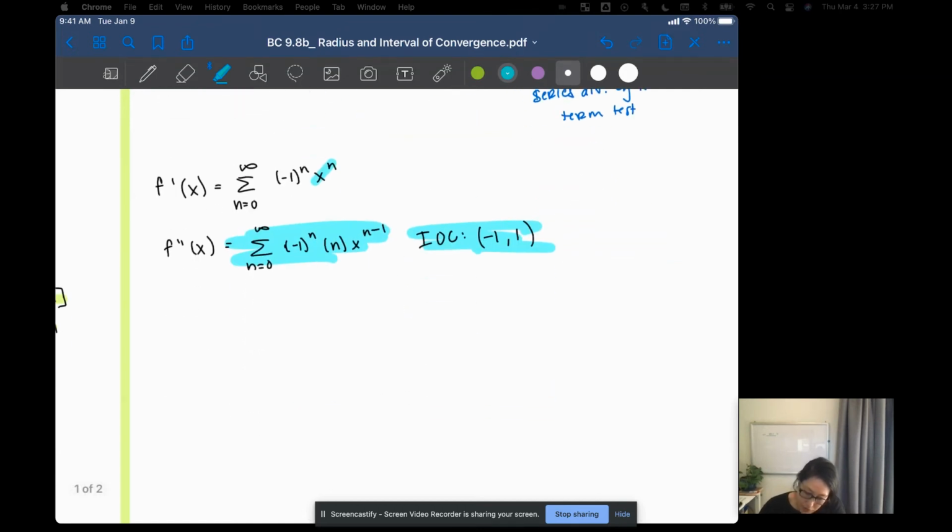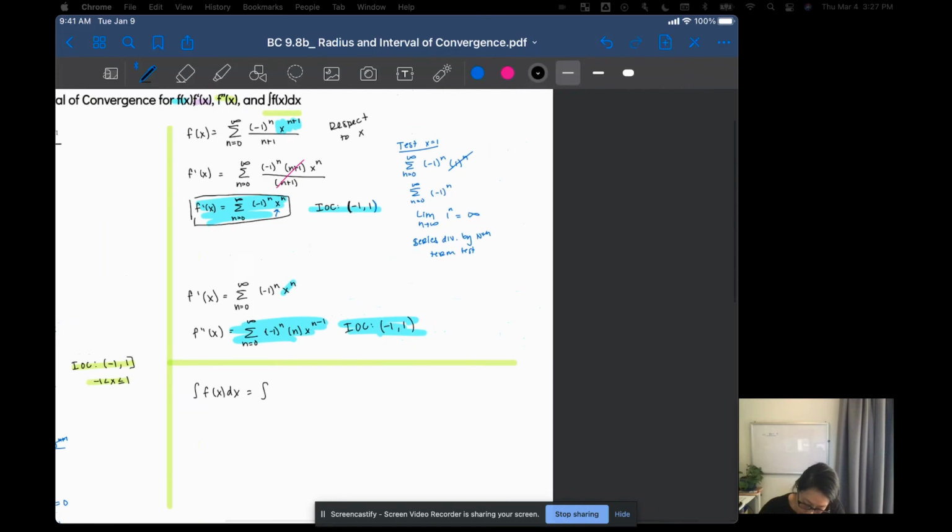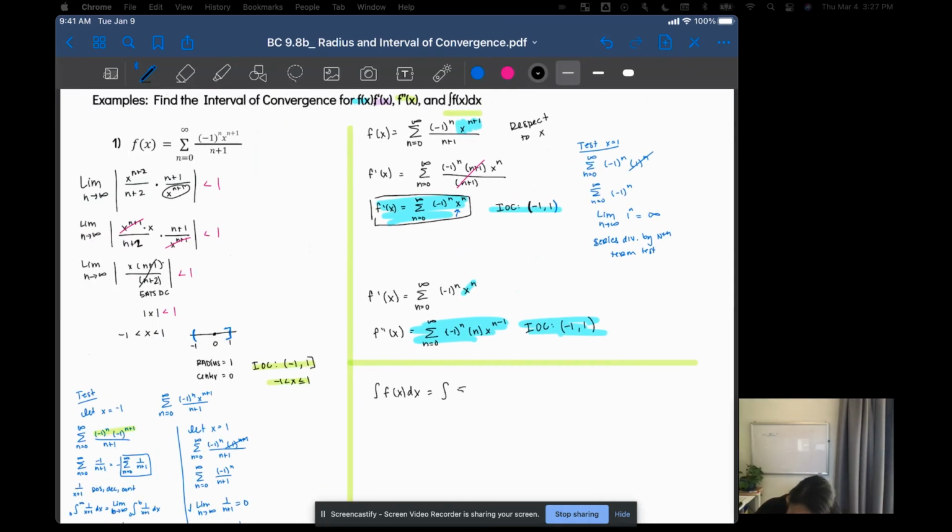Okay, what we need to do now is take the integral. We're going to take the integral of f of x dx. So that is going to look like the integral of, and then I better write f of x down, the sum from n equals 0 to infinity of (-1)^n times x^(n+1) over n plus 1, dx.